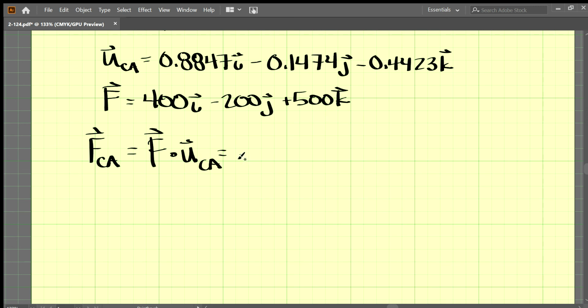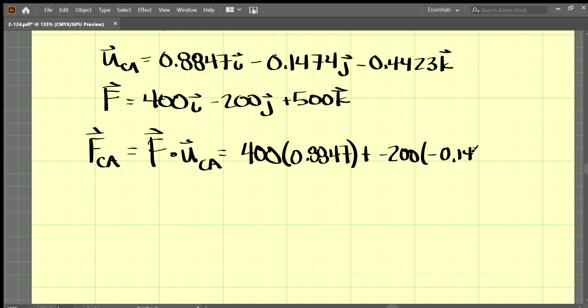So we have 400 times 0.8847 plus negative 200 times negative 0.1474 plus 500 times negative 0.4423.